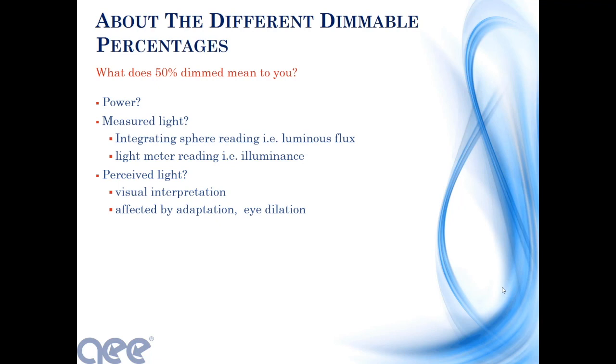Because people say 1%, and people assume that 1% dimming means out of all the light that was coming out of it, now it's only 1% of that light? Maybe, maybe not. So you have to be really careful when you start talking about what 1%, 10% dimmed means to you.